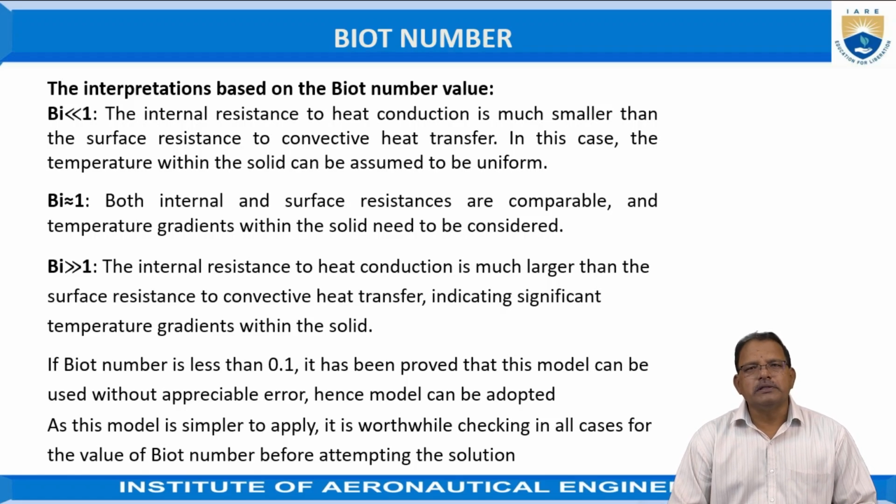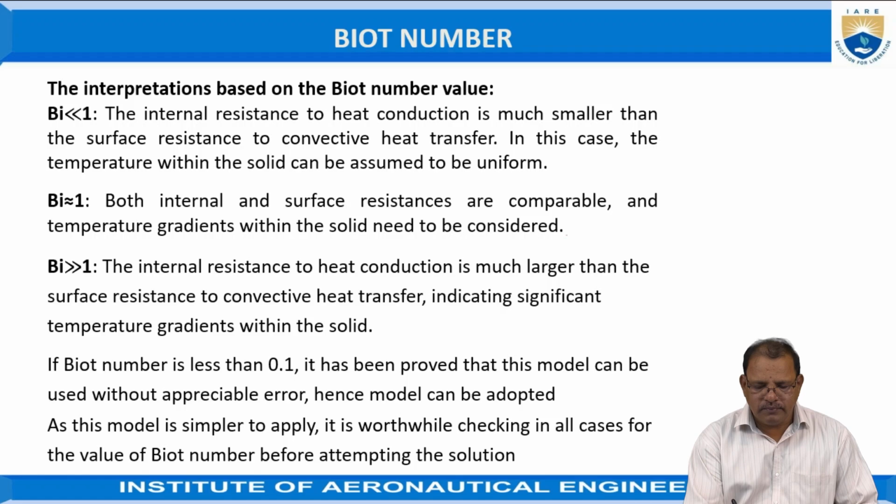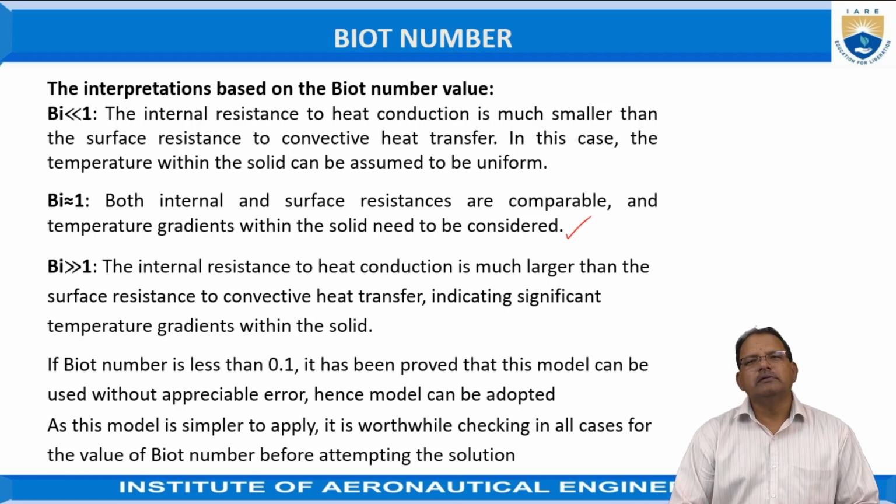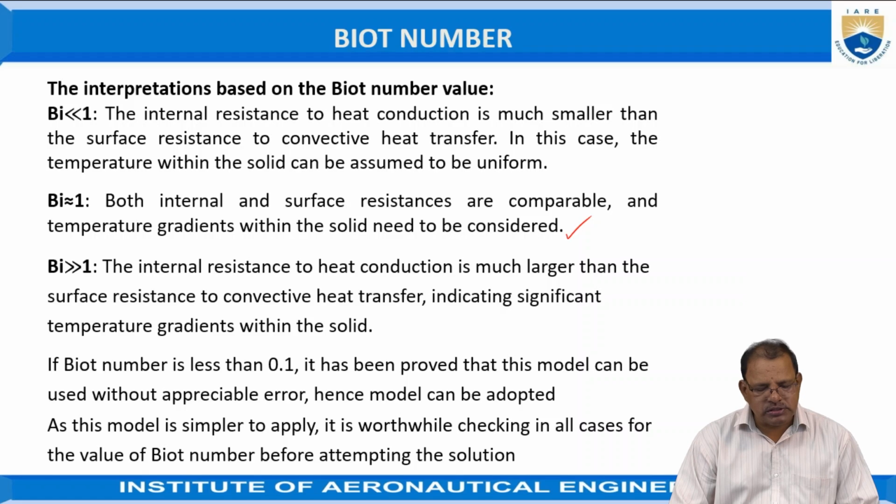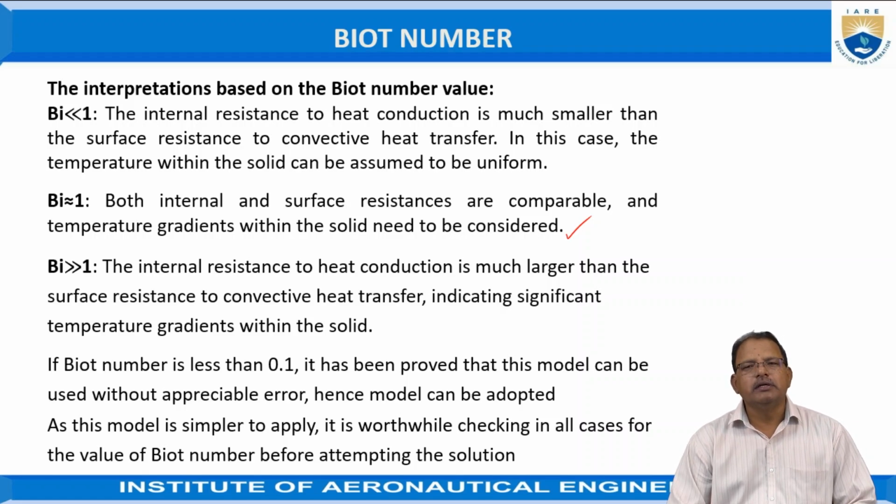If the Biot number is approximately equal to 1, both the internal and surface resistances are comparable and the temperature gradient within the solid has to be considered. If the Biot number is greater than 1, the internal resistance to heat conduction is much larger than the surface resistance to convective heat transfer, indicating a significant temperature gradient within the solid.